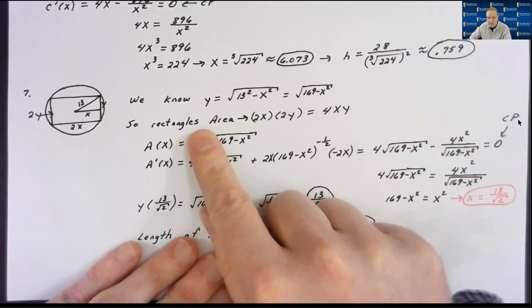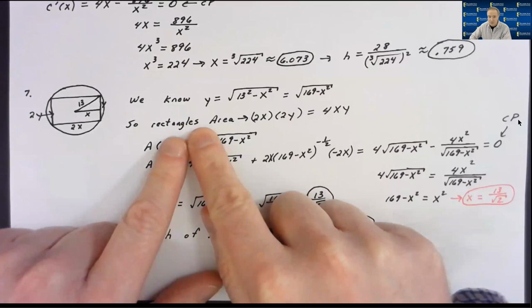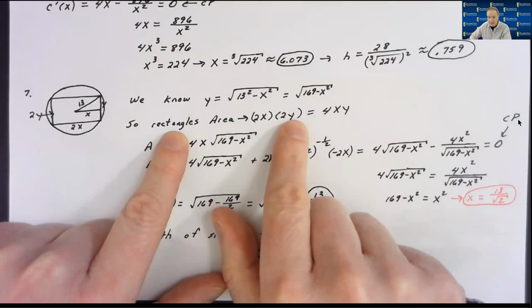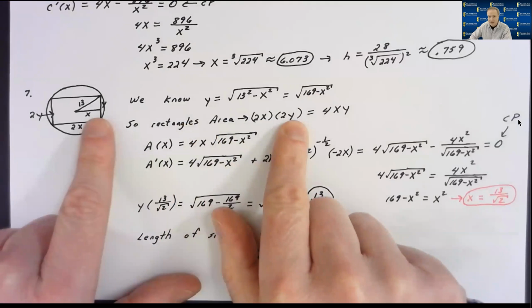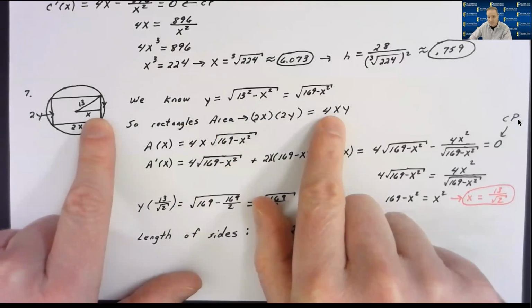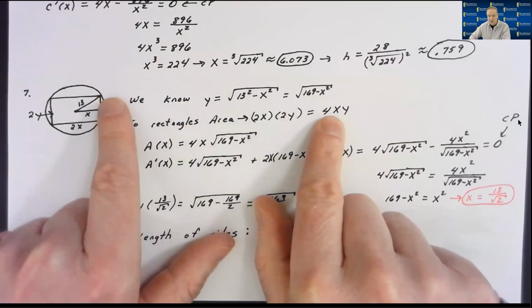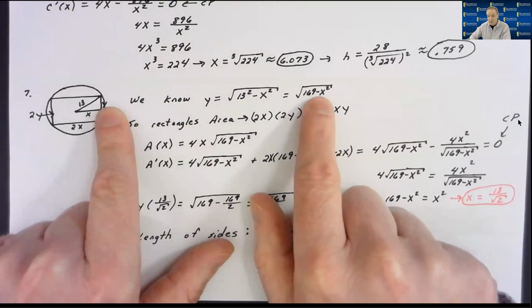That's what I tried to reason here. I said, so the rectangle's area would be 2x times 2y. And then I can say, well, that's going to be equal to 4xy, where we know the y value is what I solved for right here, the square root of 169 minus x squared.